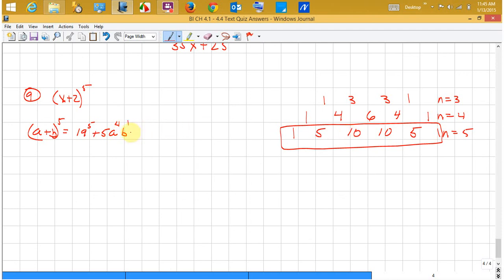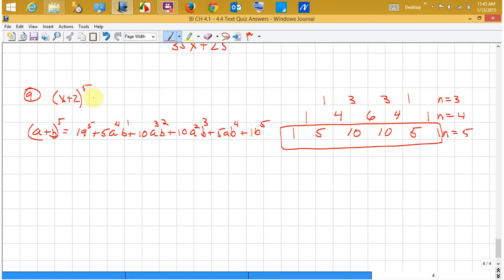Then I have plus 10 times a cubed, b squared. Then I have another plus 10 times a squared, b cubed. Then I have plus 5a b to the 4th. And lastly, I have this plus 1 b to the 5th.